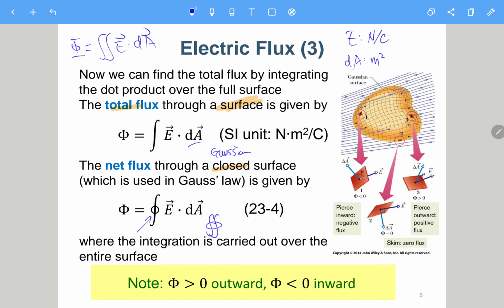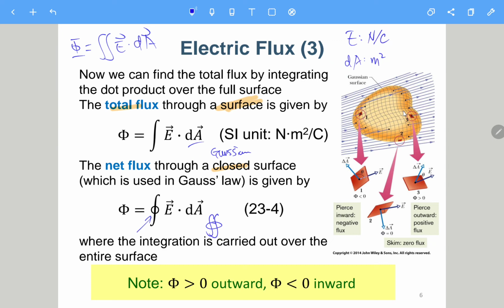If the flux is 0, there is no one going inside or outside, or at the same time the same number of people are going inside and going outside. They cancel each other. The flux doesn't necessarily all go outside or all go inside. Maybe part of it is going outside, part of it going inside, so part of it will be cancelled.